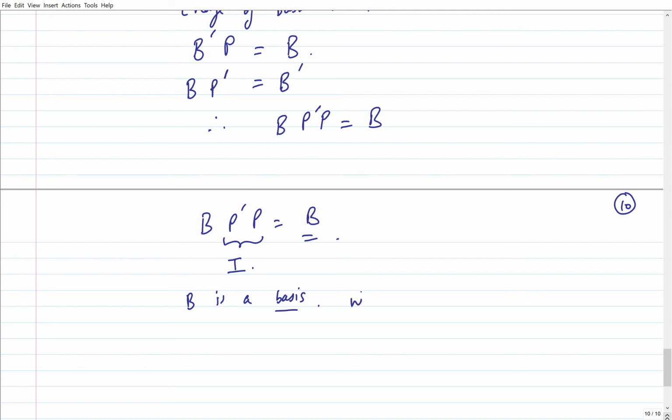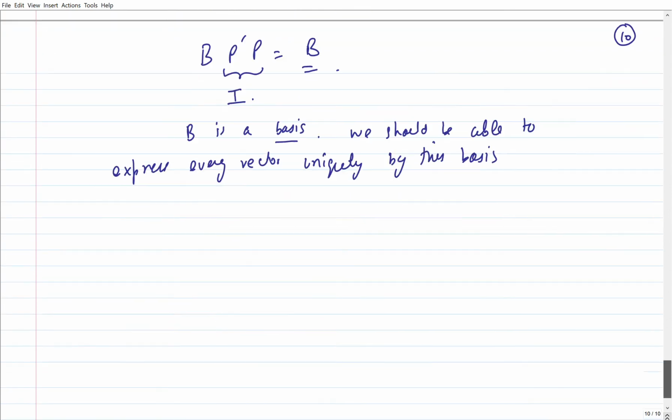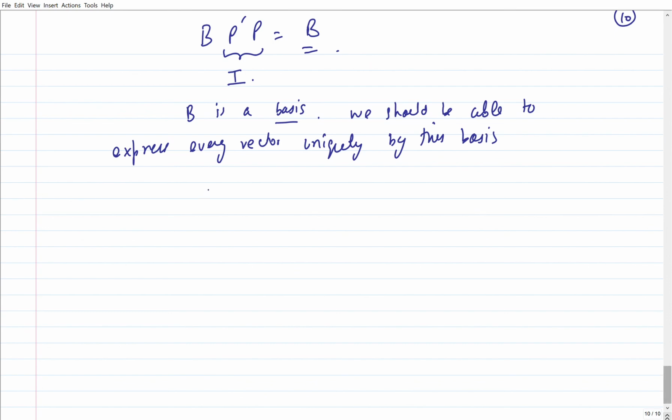So we should be able to express every vector uniquely by this basis, and we already know one unique mapping over here, which is v1 gets mapped to v1, v2 gets mapped to v2, and so on and so forth.